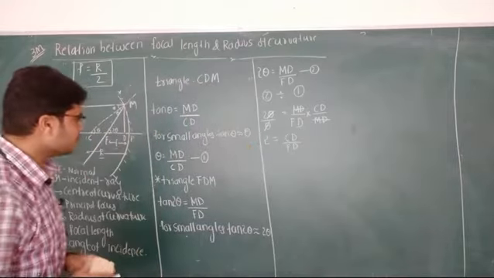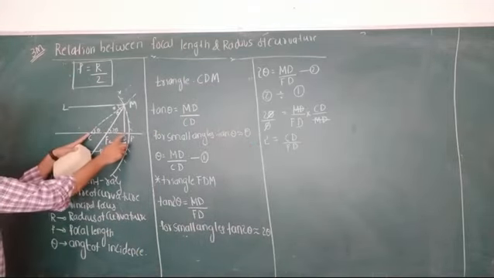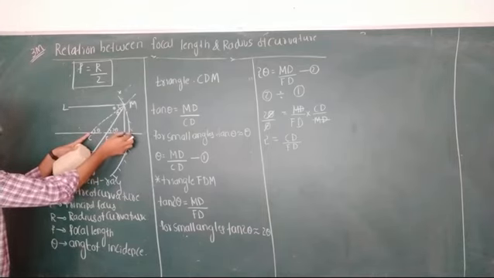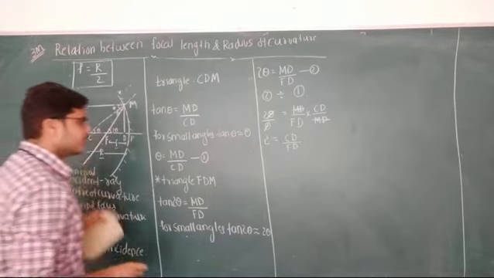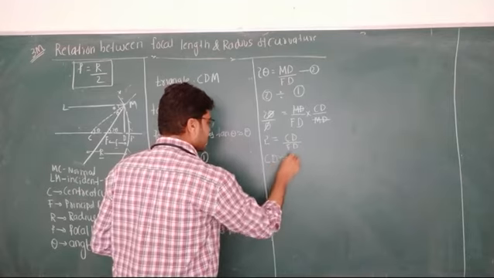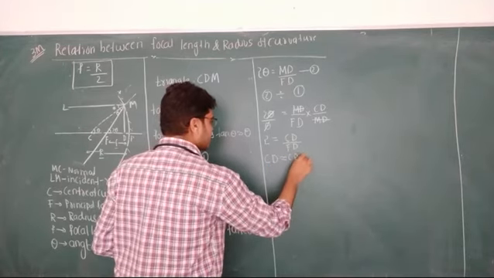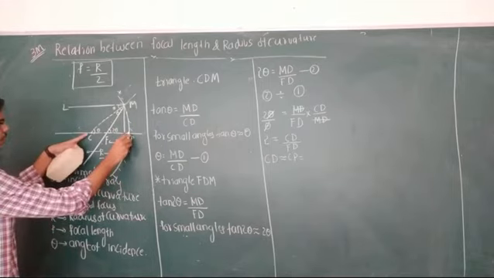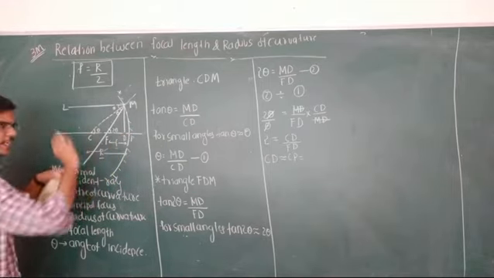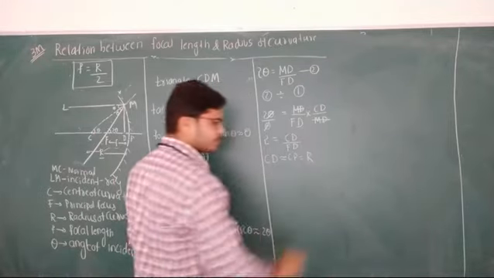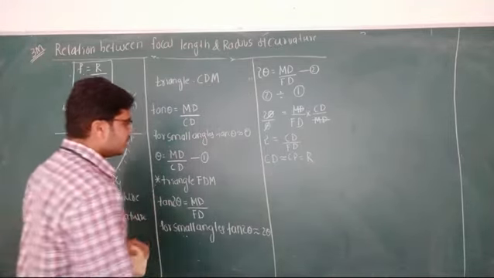Now look at the diagram. CD distance is nearly equal to CP because the distance between D and P is very small. What is CP? Pole to center of curvature is nothing but the radius of curvature. Therefore, I take it as R. Now FD.